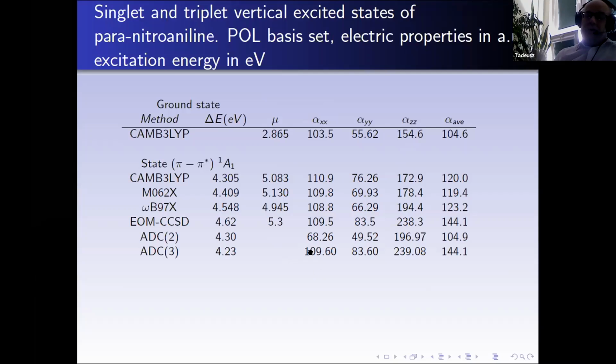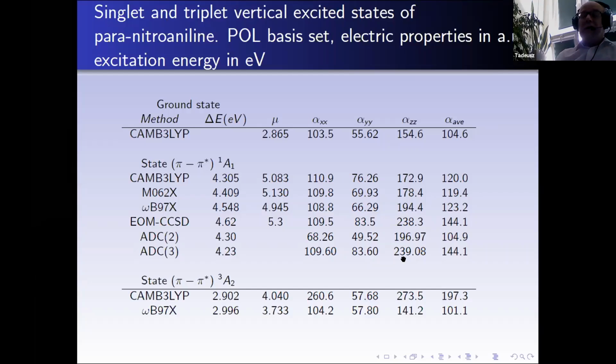So if we compare to coupled cluster, we see that the excited state dipole moment is reasonably well described. Here we have good agreement, here you have good agreement. But unfortunately, this charge transfer component is off by about 25 or so percent. So it's not a very accurate description.